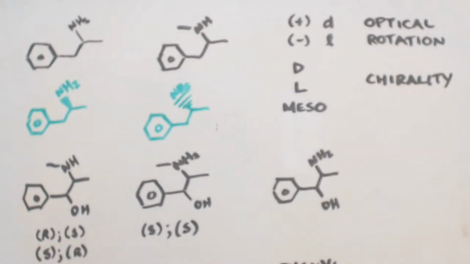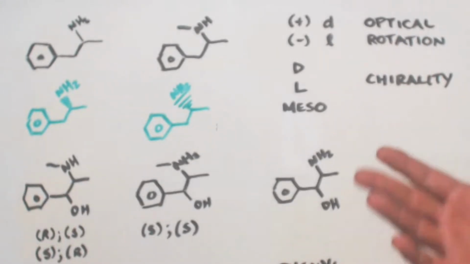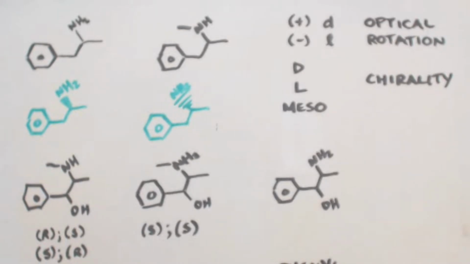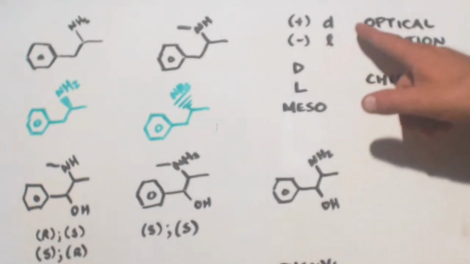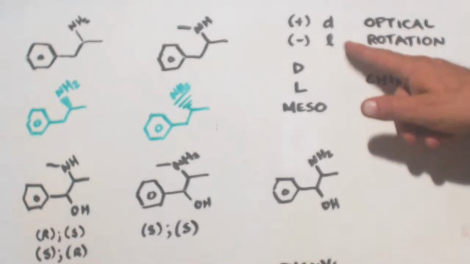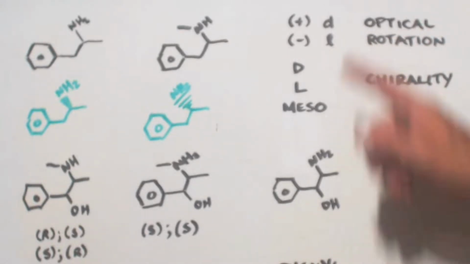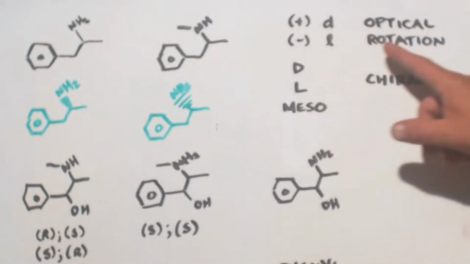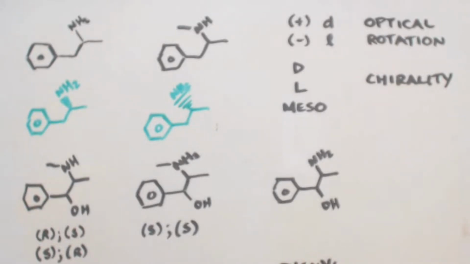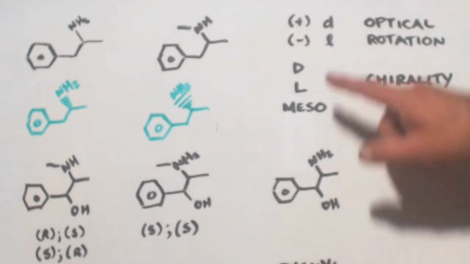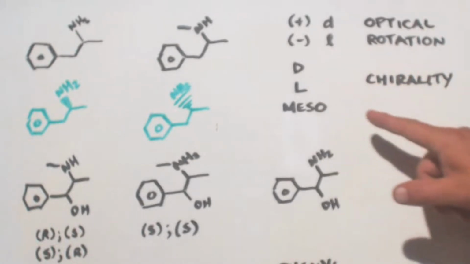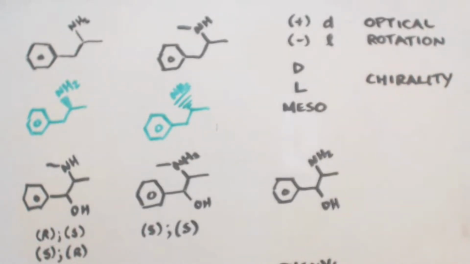Now, I'm not going to get into isomers, optical isomers, but just to let you know, when you see a small d or a small l, that corresponds to a positive or a negative, they're talking about optical rotation, okay? When they use a big D and a big L, they're talking about chirality, okay? Same with a meso product if you have more than one chiral center.